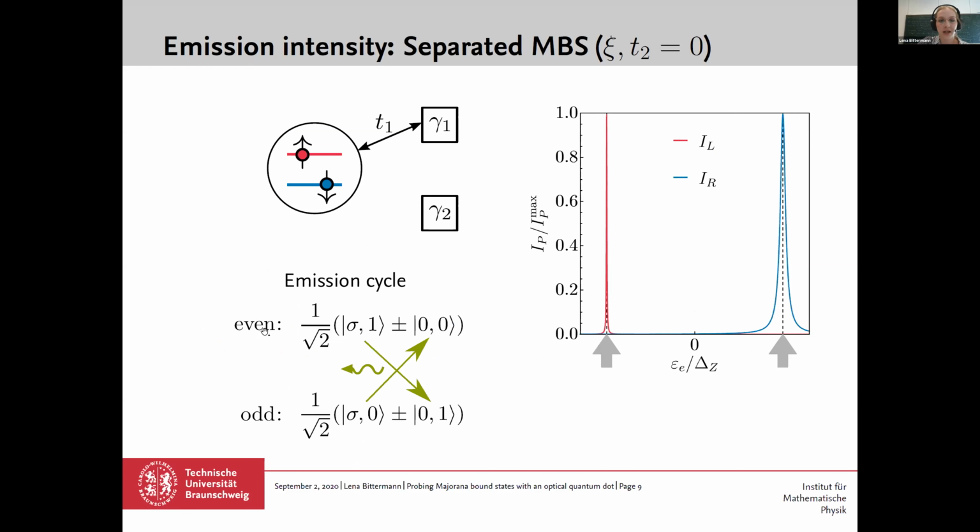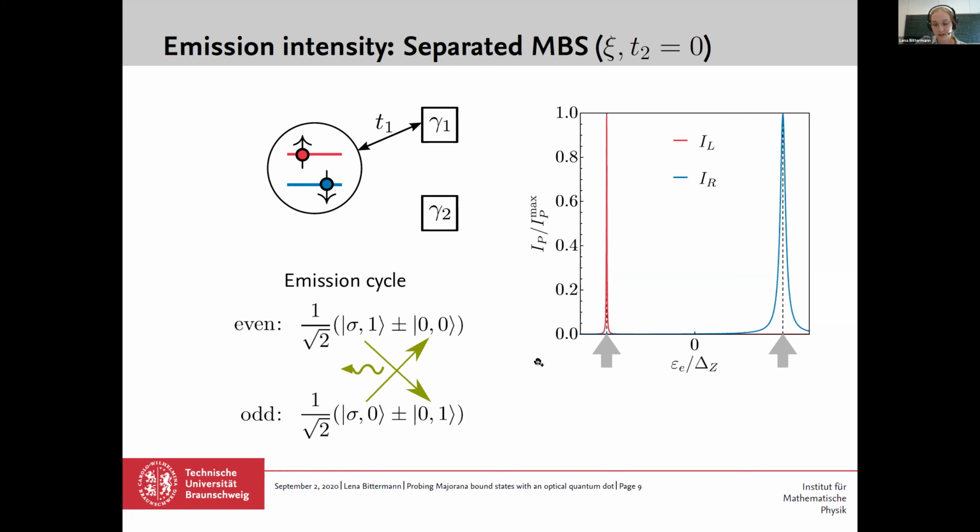So if we start in an even state with an electron, then we can recombine and send out a photon. Due to tunneling, we come back to a state with an electron and can recombine again. And therefore, exactly at these positions, we have the maximal emission intensity.